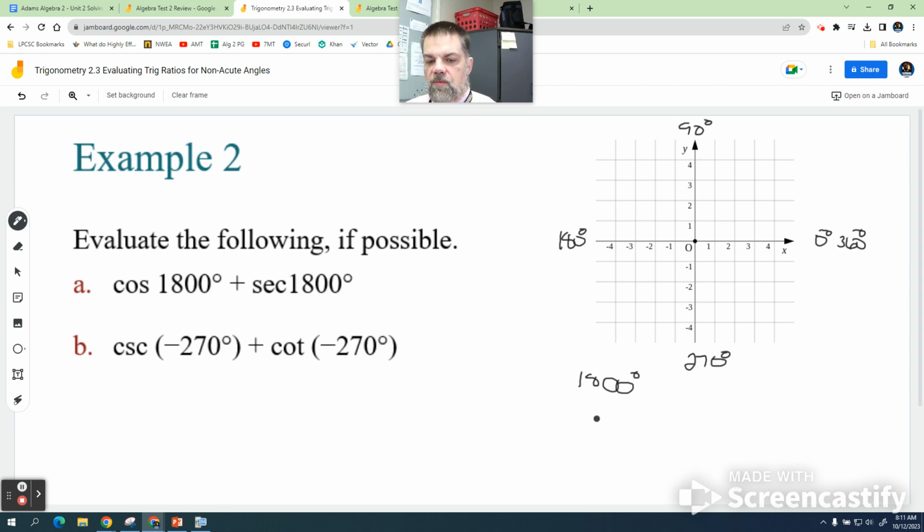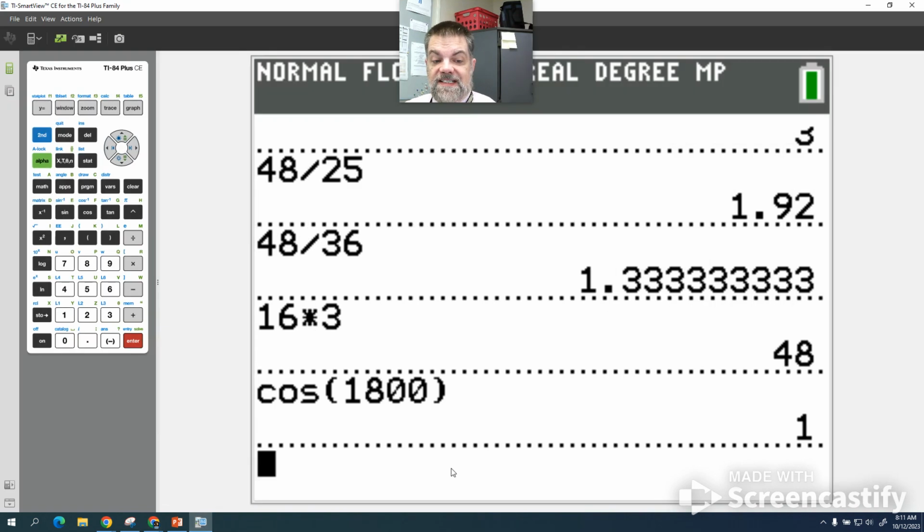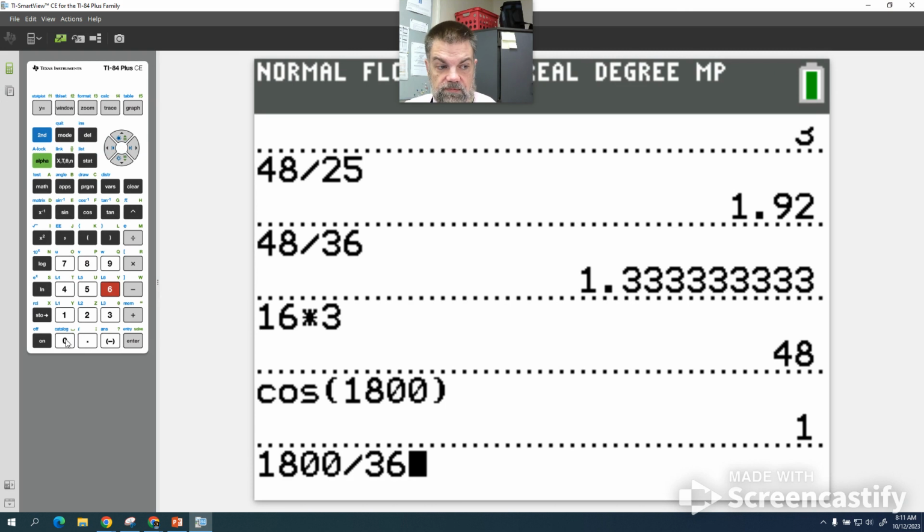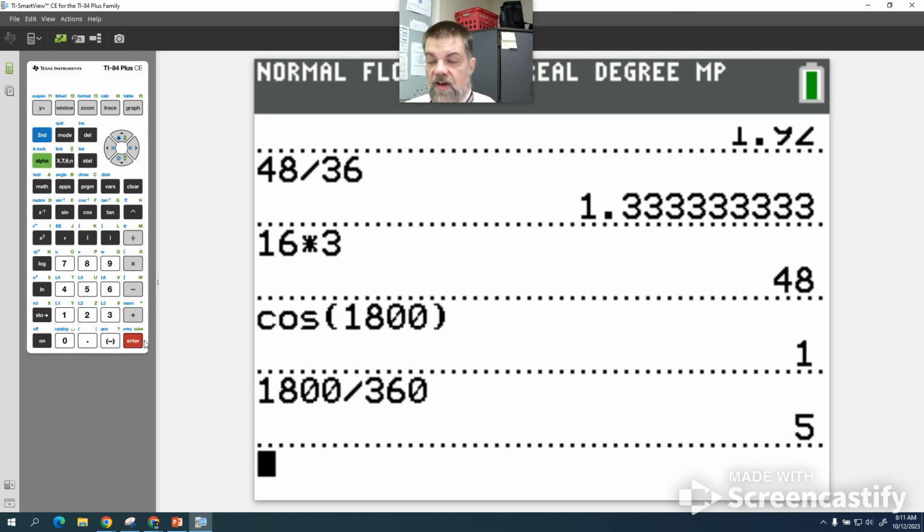Well, the first thing that we need to do is figure out where that stops. So the first part that we would do is see how many whole revolutions I could do. And I think 360 divides evenly into 1800, but let's see. So I'm going to say 1800 divided by 360. 5 whole times.